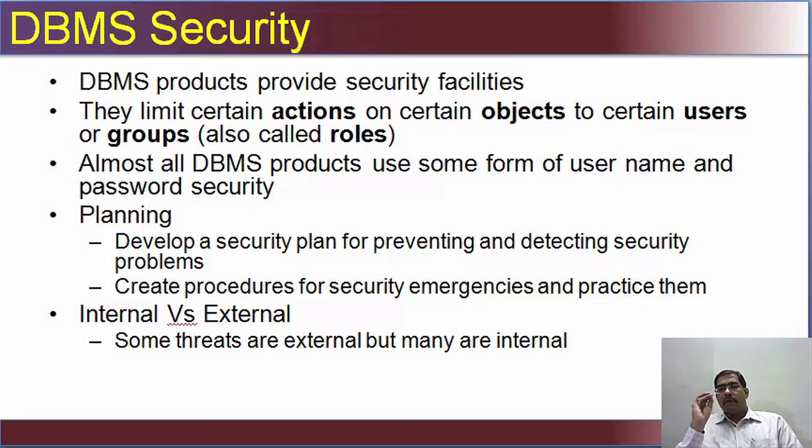To certain users means it is available or accessible only by the SA or the administrator or the root. Or groups, maybe the administrator group, the user group. So whatever role is being allocated, they can limit actions on certain objects to certain users. And all database products use some form of username and password security. So the basic security of accessing the database, that is username and password, is available with almost every database product.